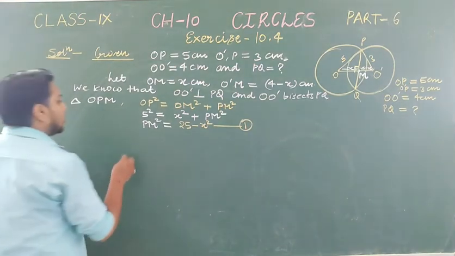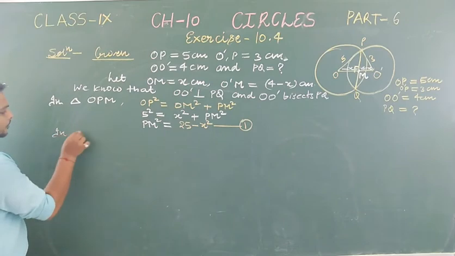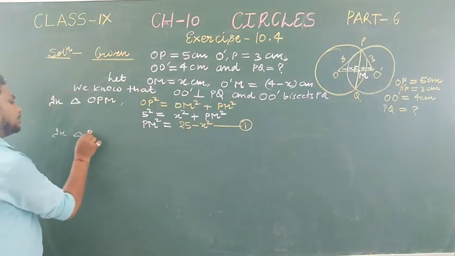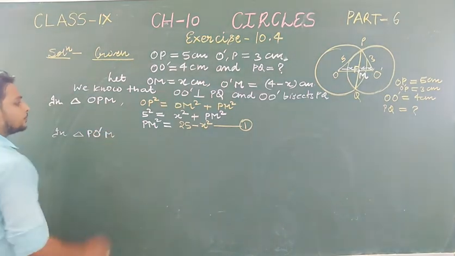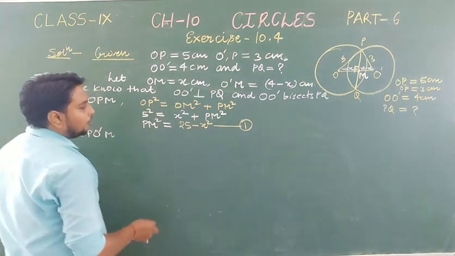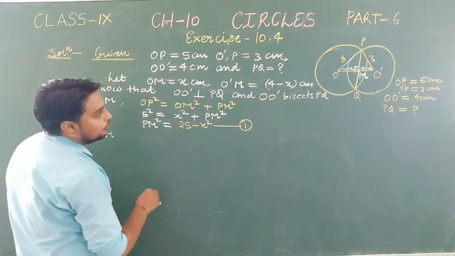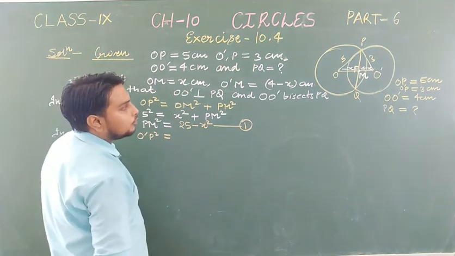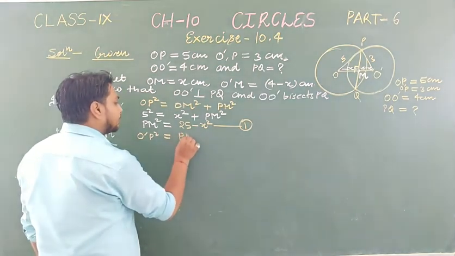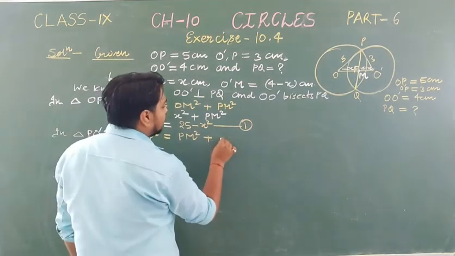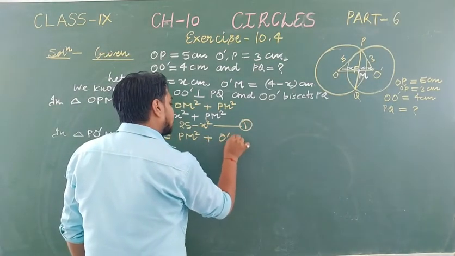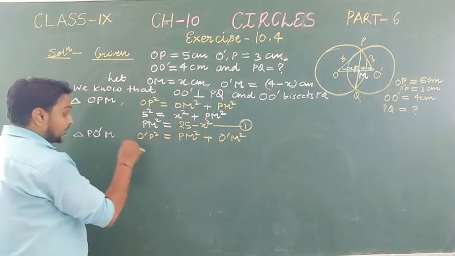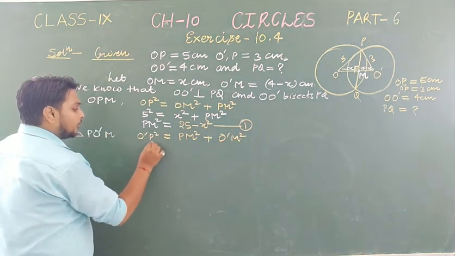Now students, in triangle PO'M, again from Pythagoras theorem we can write that O'P square is equal to PM square plus O'M square. O'P is 3, so it will be 3 square.